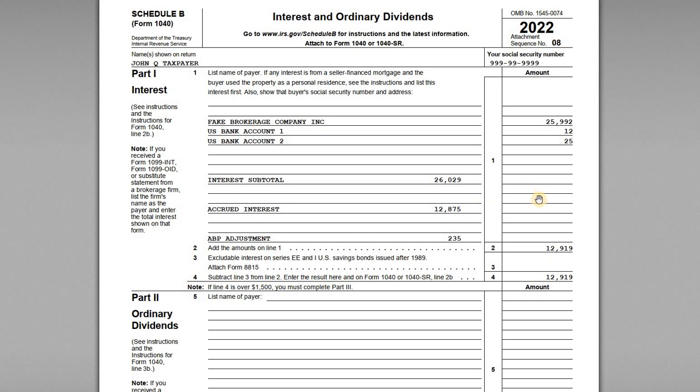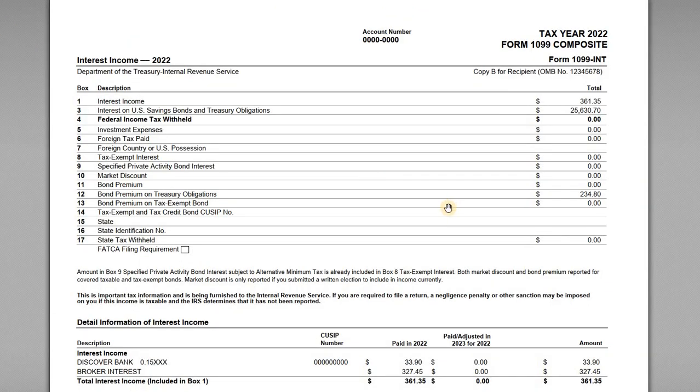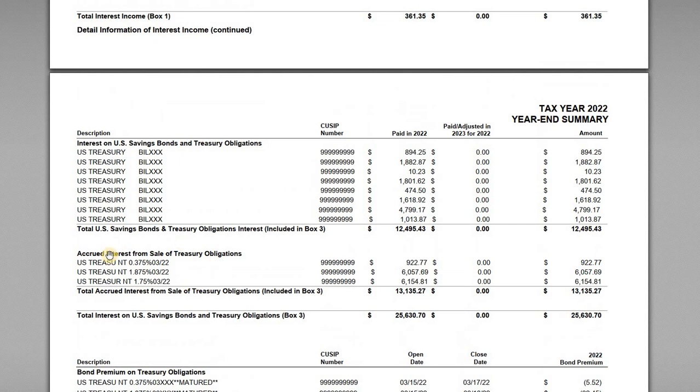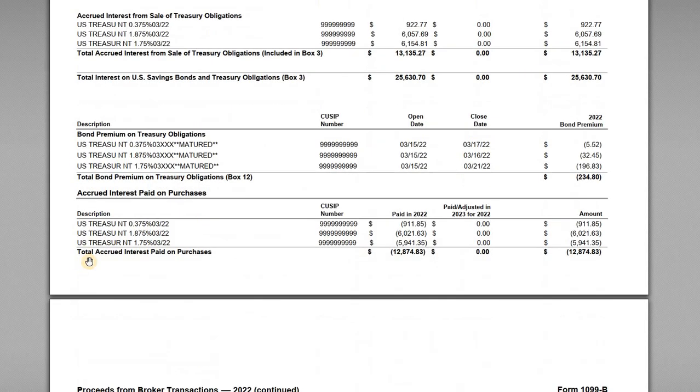And then the Schedule B instructions ask us to provide a subtotal. So we have a subtotal of the gross amount of interest, $26,029. So that's those 3. And then we have our adjustment. So we're going to have a negative adjustment for accrued interest, and then the amortized bond premium is also adjusted there. So we can see here the accrued interest is a reduction of $12,875, which is, again, the amount of accrued interest paid on purchases.